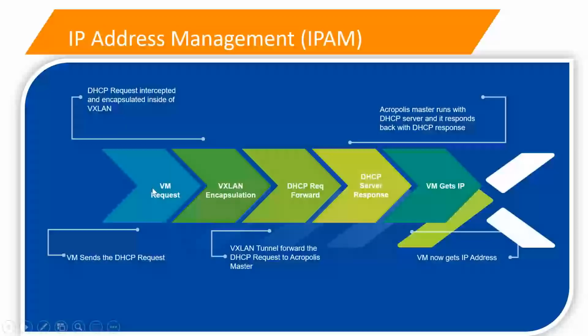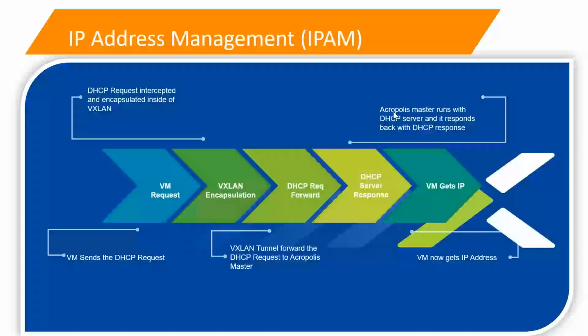VMs request, and in AHV it is actually separated by the VXLAN, so VXLAN is the extended VLAN. Then it is forwarded to the master. Acropolis is master. So whichever CVM is the Acropolis master hosts the DHCP server.